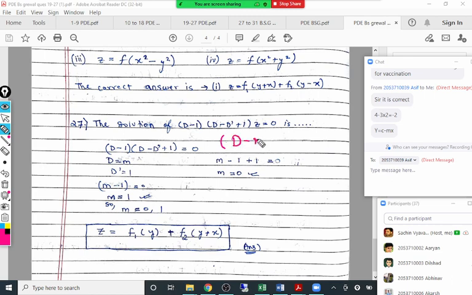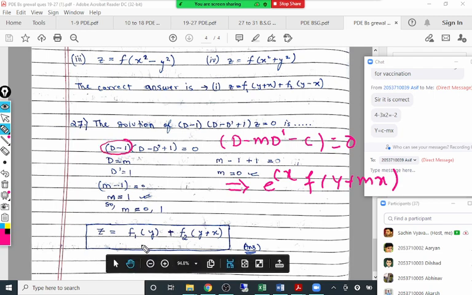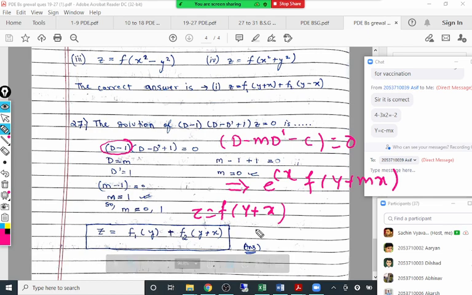We have this one, d minus md dash minus c equal to 0. If this is the factor, then what is the complementary function? I think e raised to cx f of y plus mx. Is it? So for the first factor, that is correct. So f1 of, no, that is also not correct. So for the first factor, one is a root, so z equal to f of y plus x. Sorry, y minus x, no?